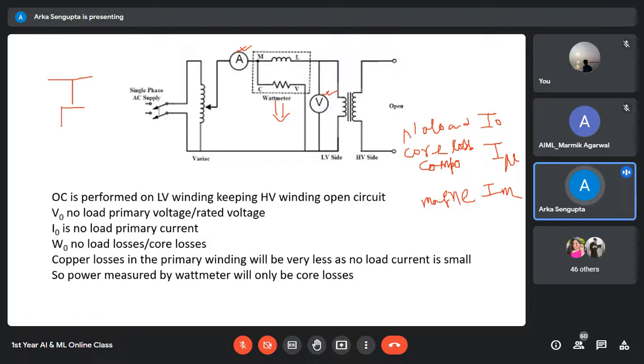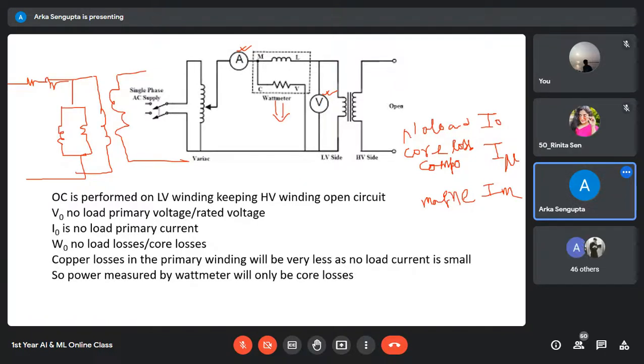Have you studied the equivalent circuit of a transformer? Yes or no? The phasor diagram, you have studied. Yes, sir. So you know there is a no load current in the phasor diagram.